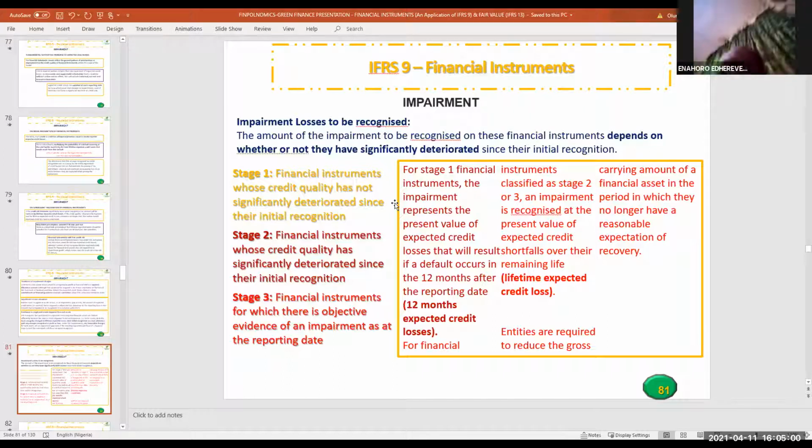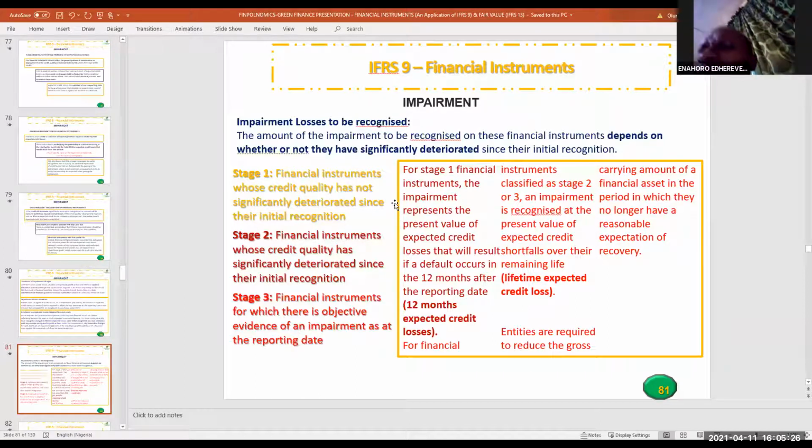Okay, good afternoon. So AMCON, I think what I know about it is that it's the Asset Management Company of Nigeria. What it does is that companies that tend to go bankrupt, they buy the assets and liabilities of those companies.